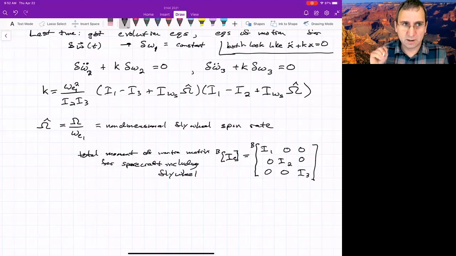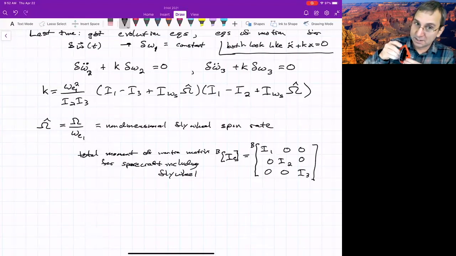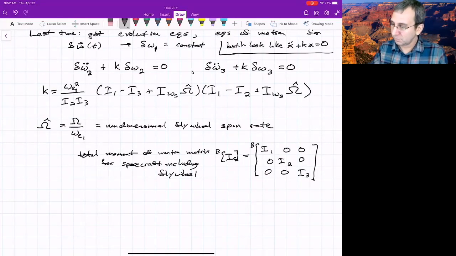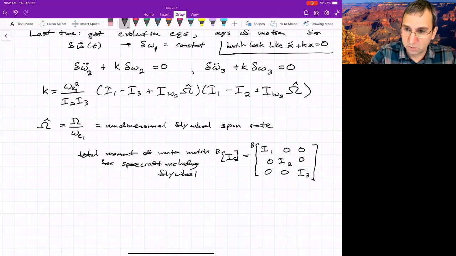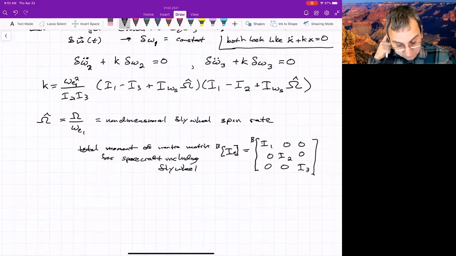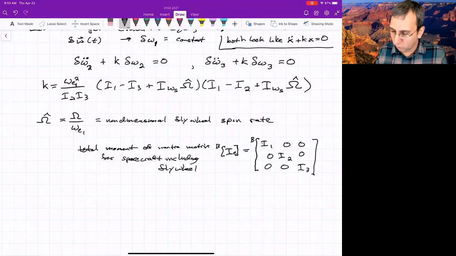We get to pick the rotor spin rate, and the rotor can spin in the positive sense or in the negative sense. We want to pick a spin rate that stabilizes the mission requirement of spinning around the B1 direction. So to do that, we're going to have to pick omega appropriately. But let's first verify what happens if the rotor isn't spinning.